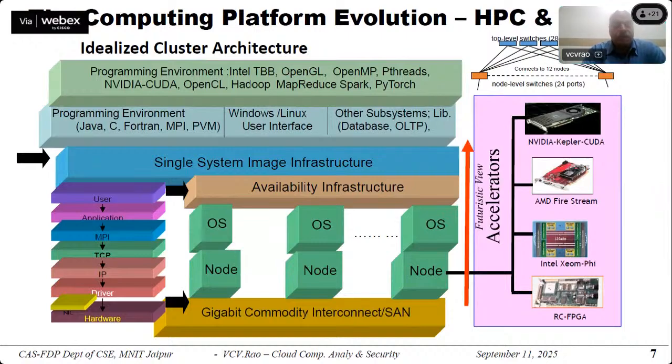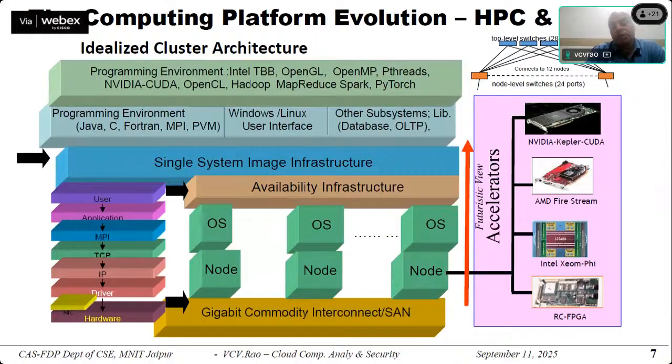You have the standard compute nodes and you have InfiniBand or Ethernet or other kinds of communication networks. The single system image is the most important, where at the application layer you see a single system image, where the CPU and GPU share unified memory.